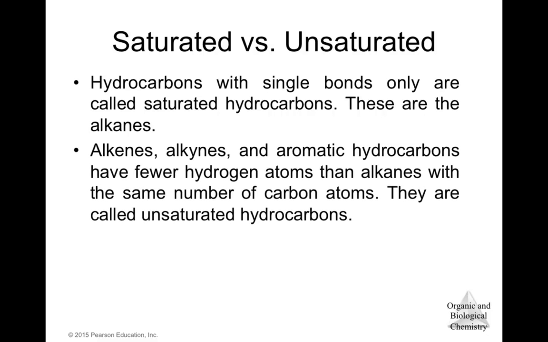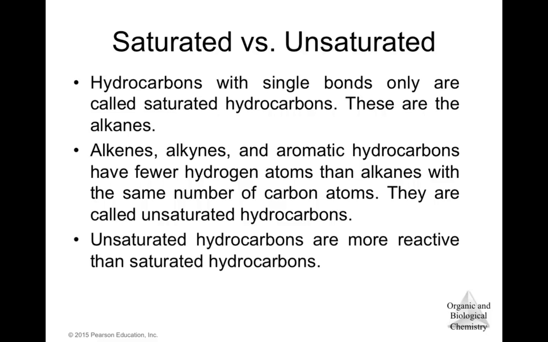Alkenes, alkynes, and aromatic hydrocarbons have fewer hydrogen atoms than alkanes with the same number of carbon atoms. They are called unsaturated hydrocarbons. So if you see at least one double bond or one triple bond in a molecule, that hydrocarbon is an unsaturated hydrocarbon. Unsaturated hydrocarbons are more reactive than saturated hydrocarbons.